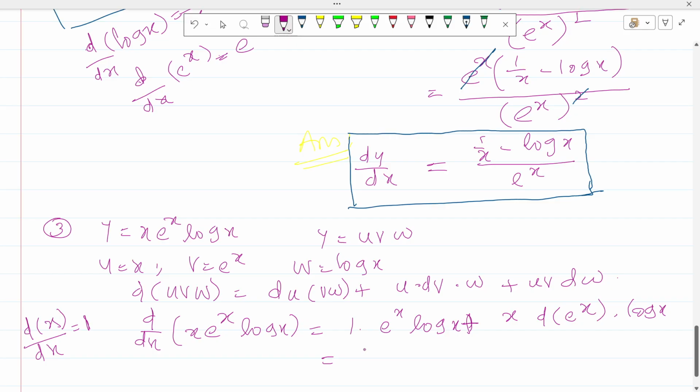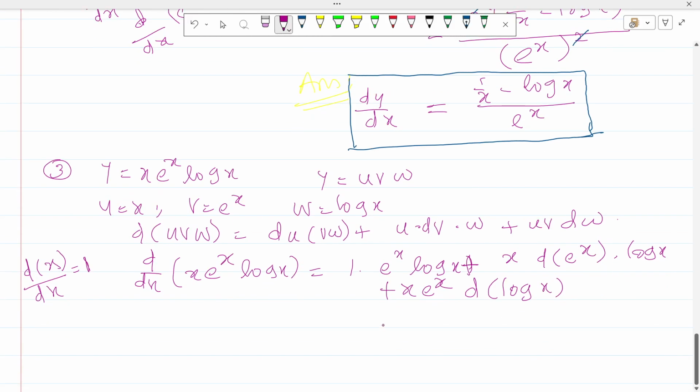One more value is there. Keep uv, that means plus x e power x, differentiation of log x. So that is e power x log x plus x into e power x log x plus x into e power x times 1 by x.